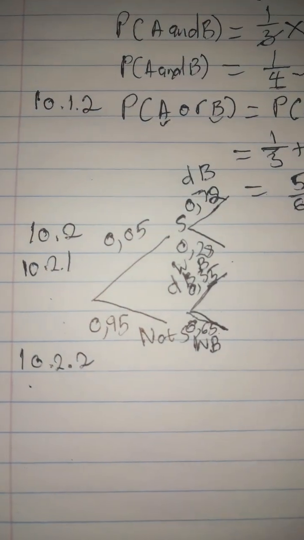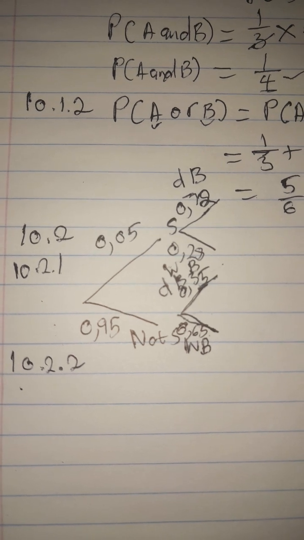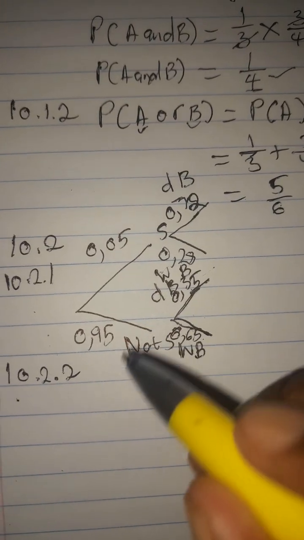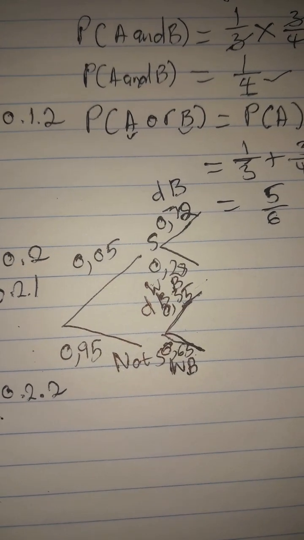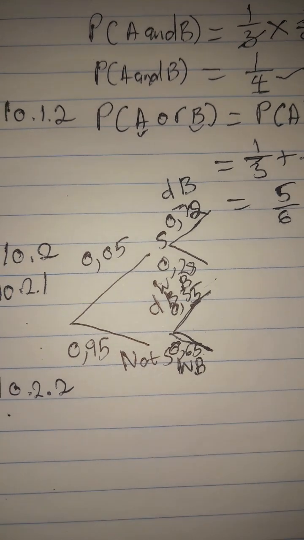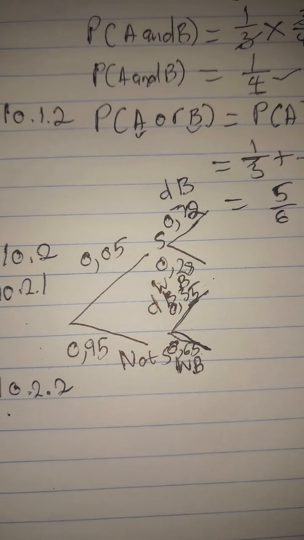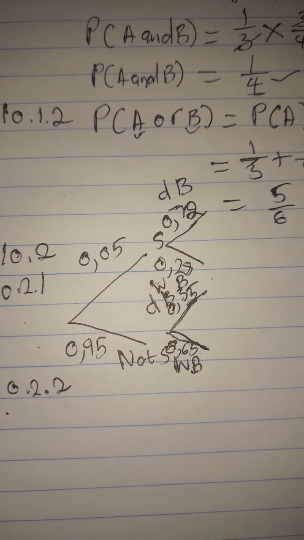So we are at 10.2. Let's see what they want. At 10.2.2, they said calculate the probability that the temperature in central South Africa will not drop below 0 degrees in June 2024.